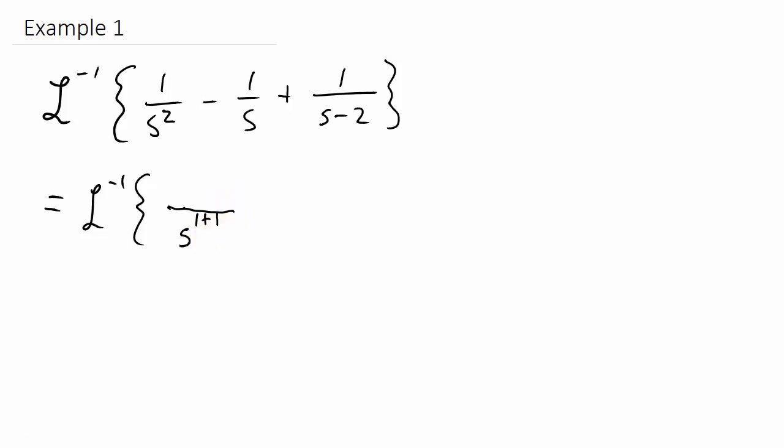Now in this problem n is 1, so that would be 1 factorial up here, and we do have 1 factorial, which is 1. So we'll rewrite that as 1 over s to the 1 plus 1. Okay, minus 1 over s.